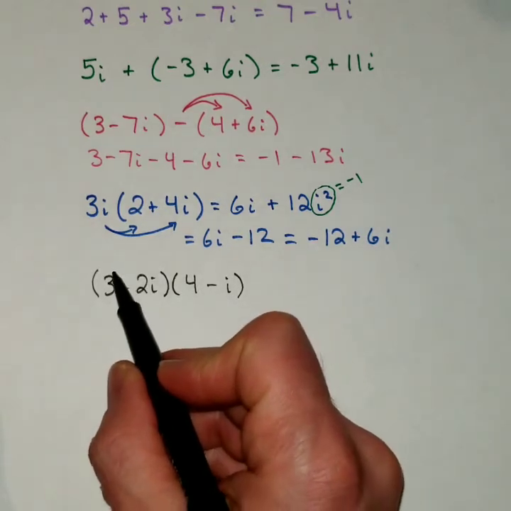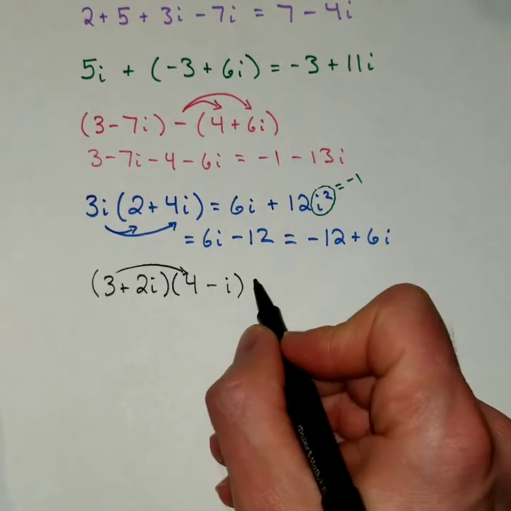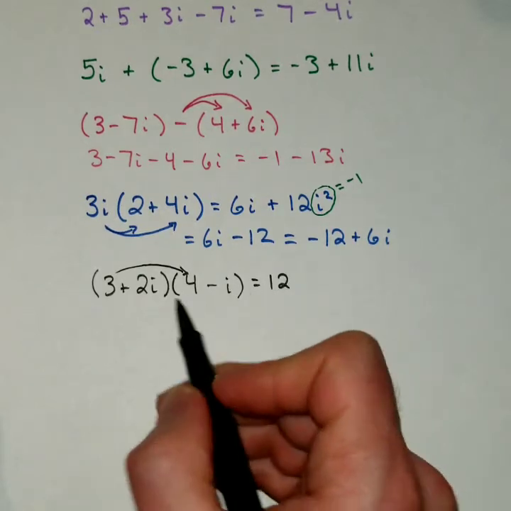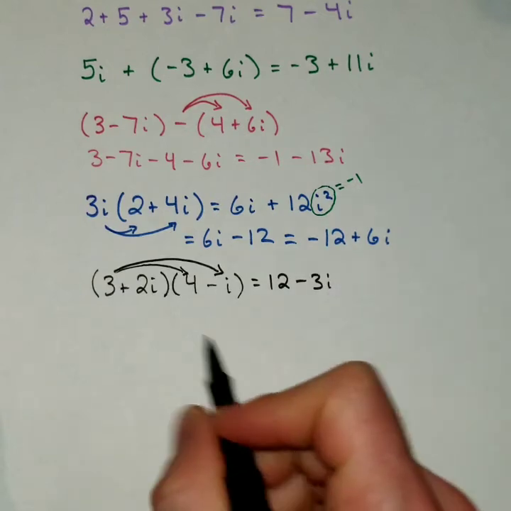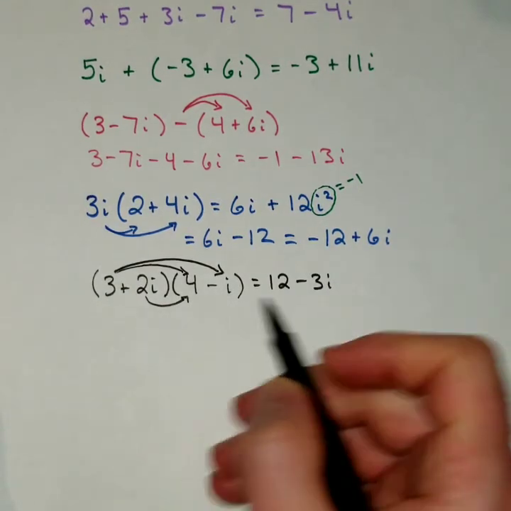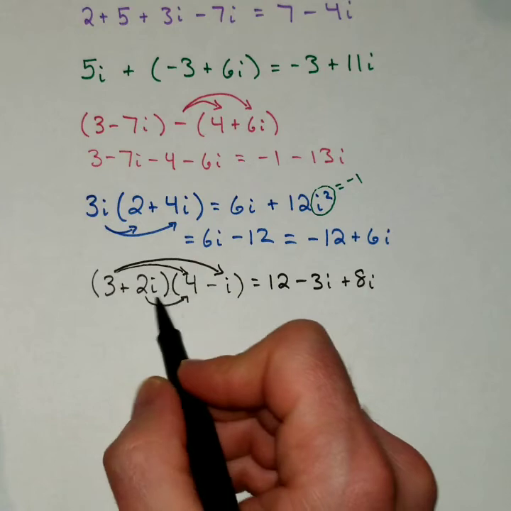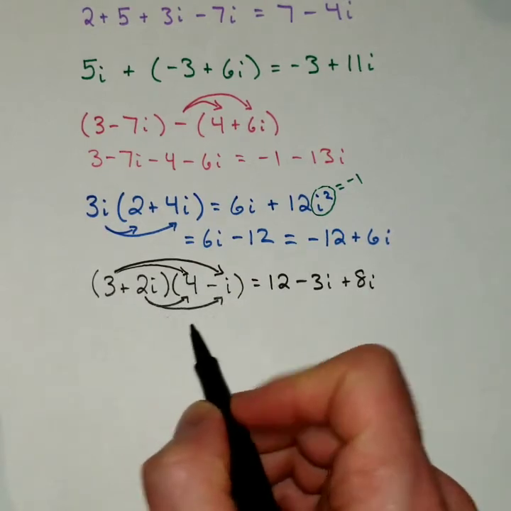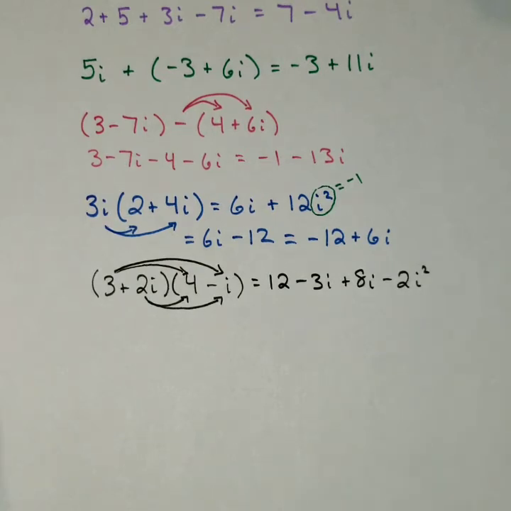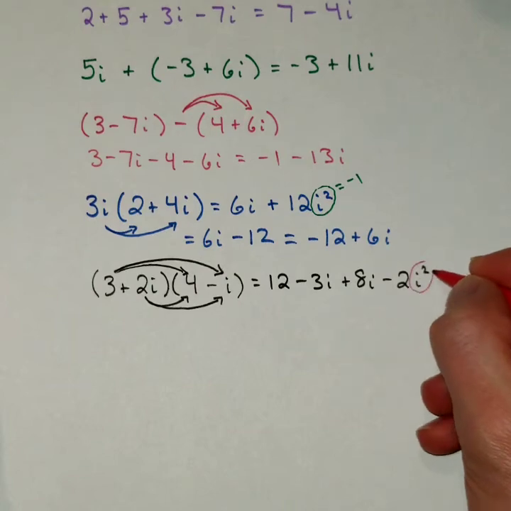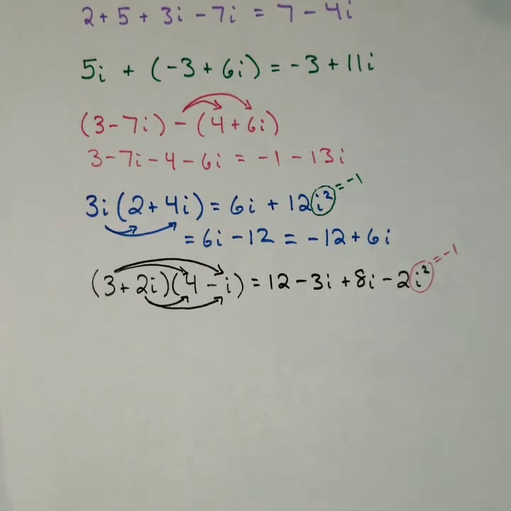We could do 3 times 4, that would give us 12, and then 3 times negative i, that's going to be a minus 3i. 2i times 4 is 8i, and 2i times negative i is negative 2i squared. Once again, the i squared is actually a negative 1, so you've got to change the sign on that term essentially.